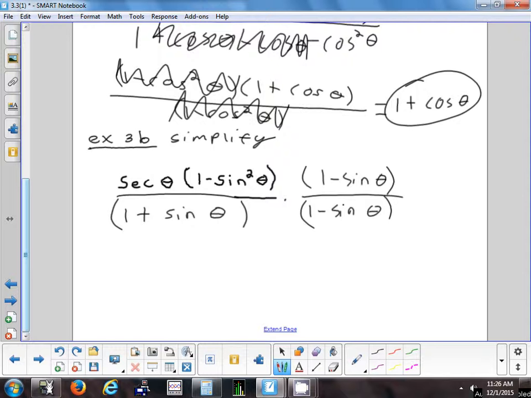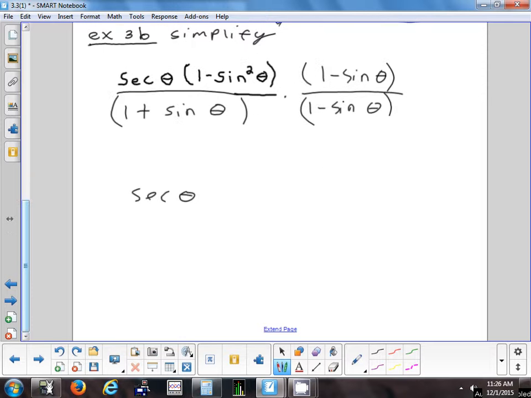No. If you do, it's going to be a mess. If you FOIL things out and you're going to end up with a power of 3, I would wait. That's probably going to cancel out. So leave the top just the way it is. Secant times 1 minus sine squared times 1 minus sine.